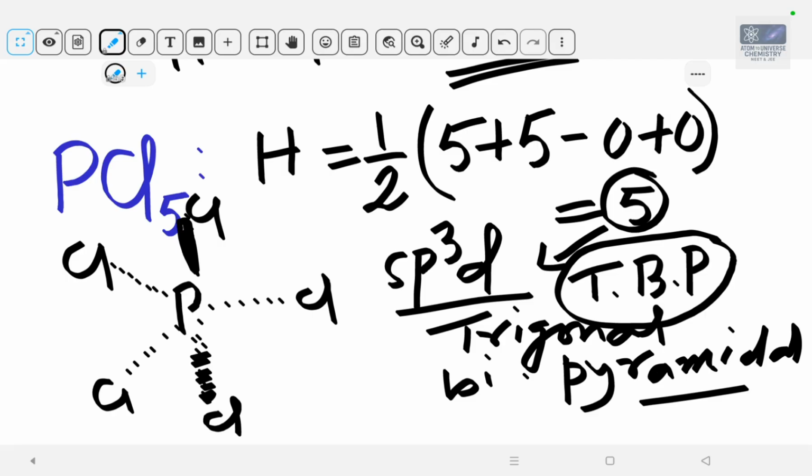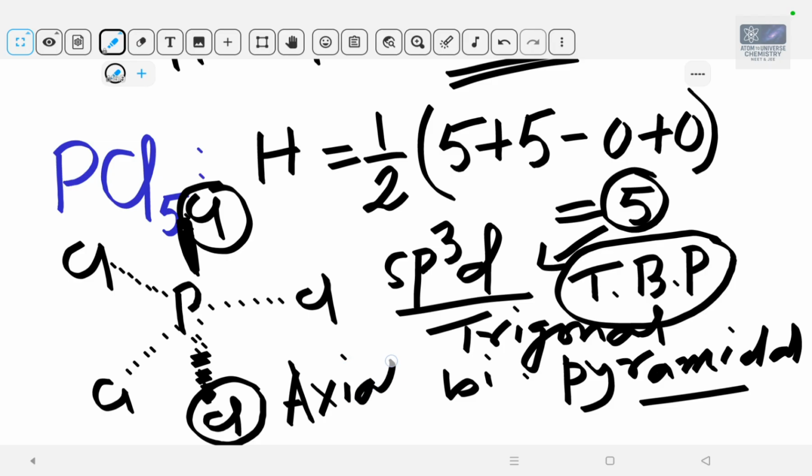Okay, so in that case, these two chlorines are in axial position, and those three chlorines are in equatorial position.